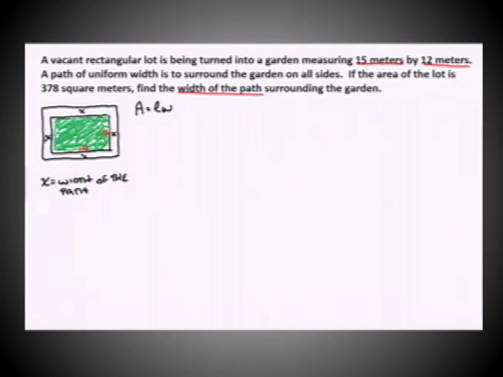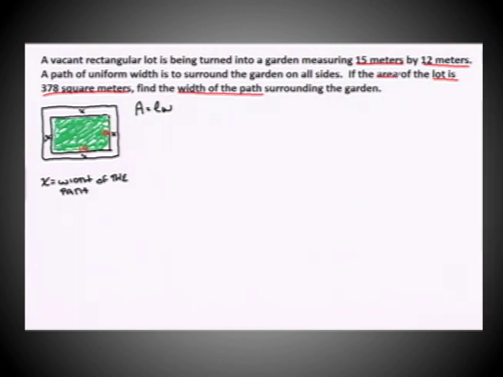However, if we're talking about the area of the entire lot, that's talking about the garden as well as the path. So we need to figure out how we can call the length and the width of the entire lot here, including the pathway, so that we can use our area formula, because we're given the information that the lot is 378 square meters, and that is an area that we're talking about.